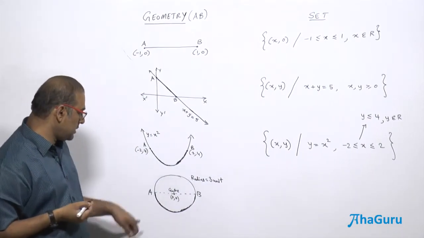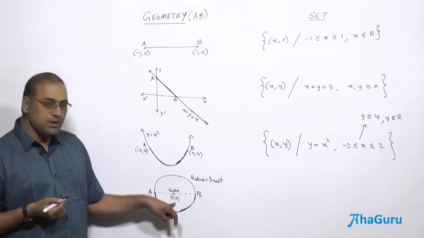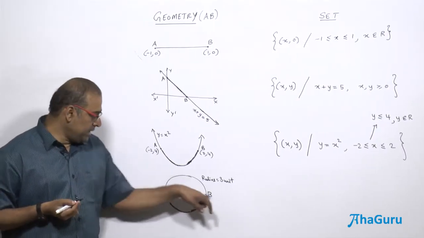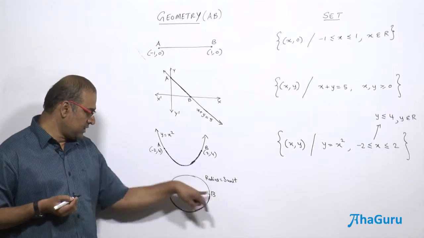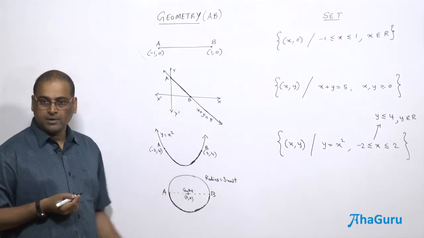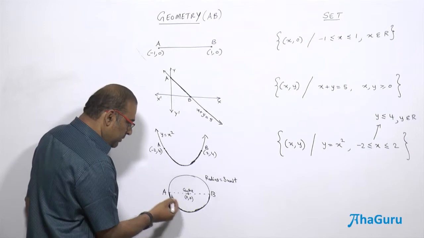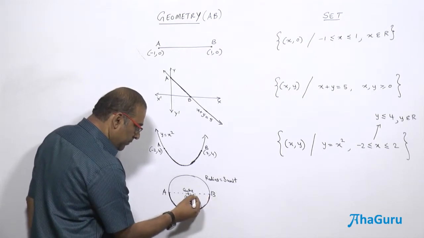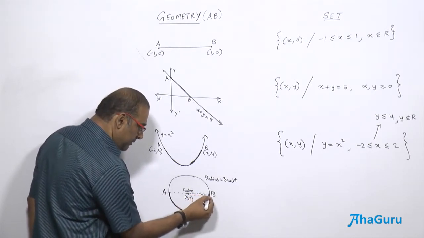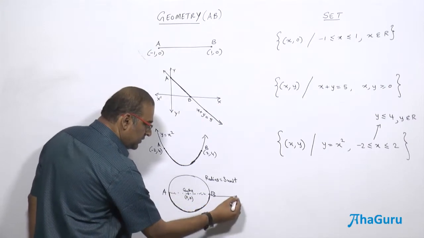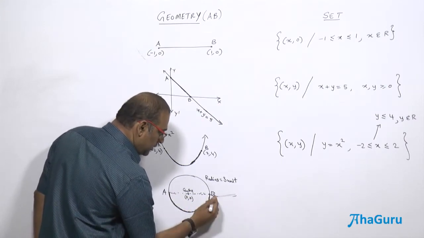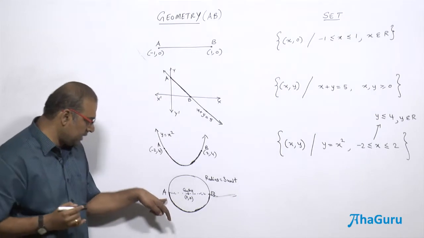What about this circle, center (0, 0), and then A and B, the diametric endpoints, along this. In fact, it should be more clear. It should be horizontal, along the x-axis. Just take that.